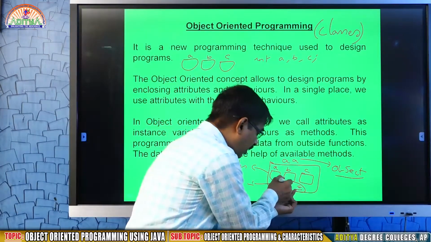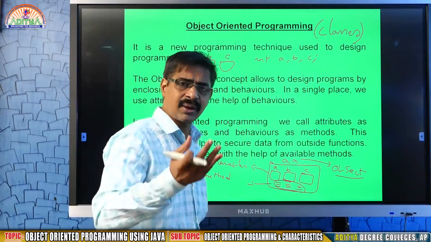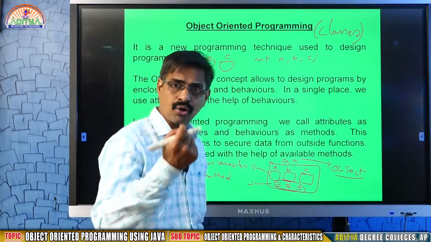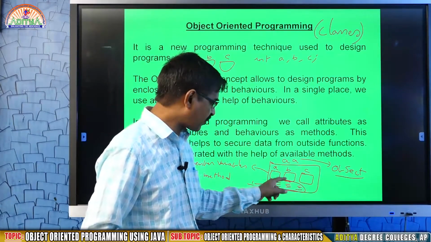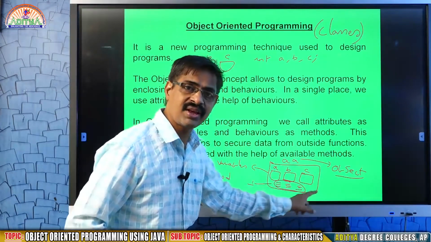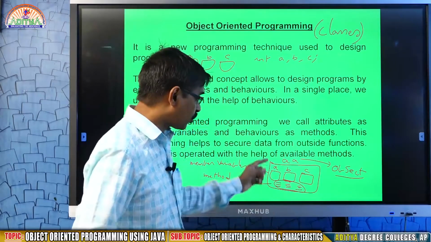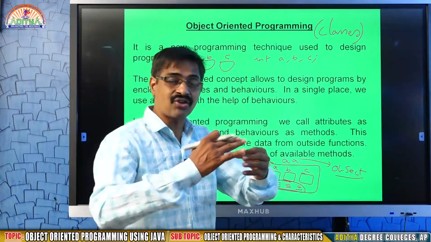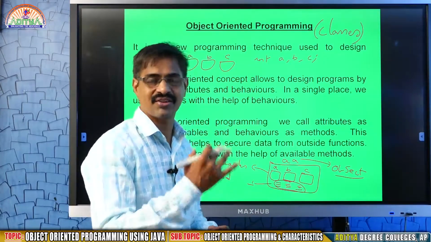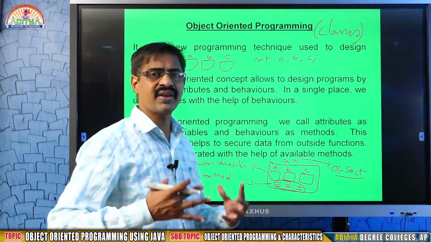So what is the purpose of methods? Methods are nothing but functions, or the code you are writing. The purpose of this code is to manipulate these messages or variables, so that your object and its message will be transferred easily from one system to another system. Today you are seeing ATM.